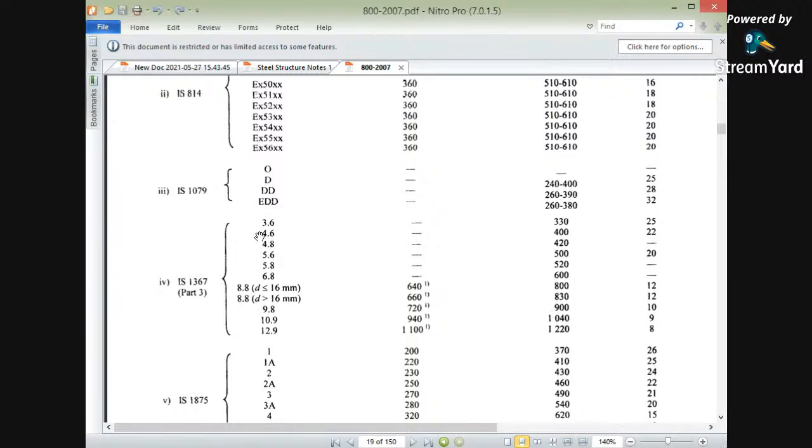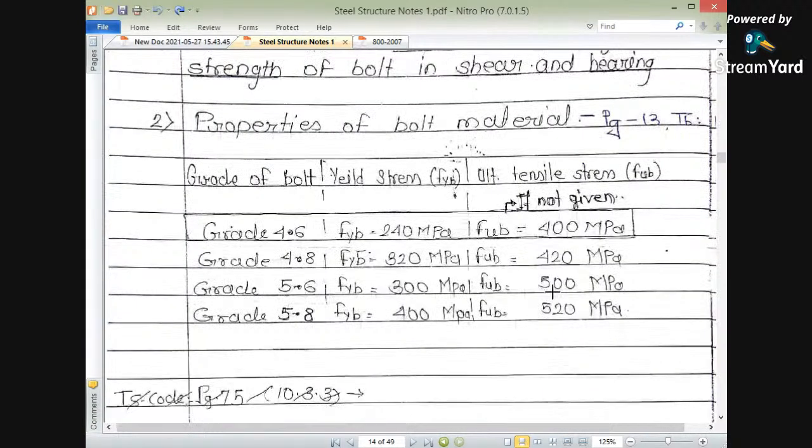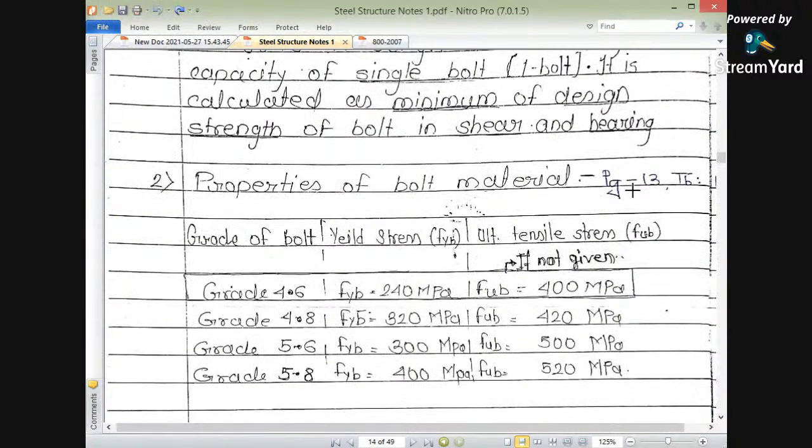We have to take these values from IS code page number 13. All of this has been taken care of here. Some of these values are not used, but 400, 420, 500, and 520 will be used in problems. This has been mentioned in IS, page number 13 of the clause.